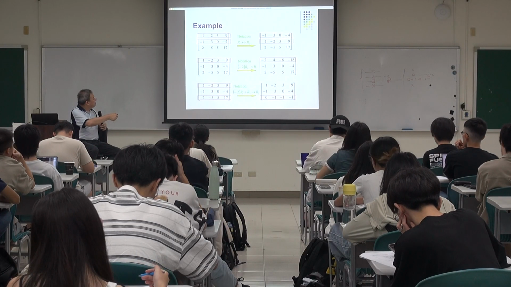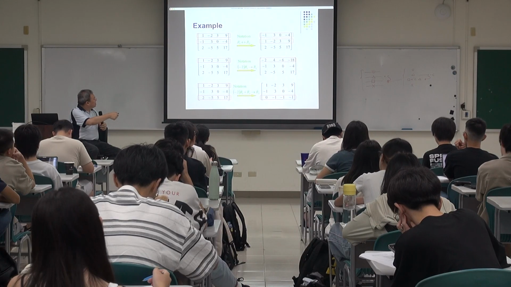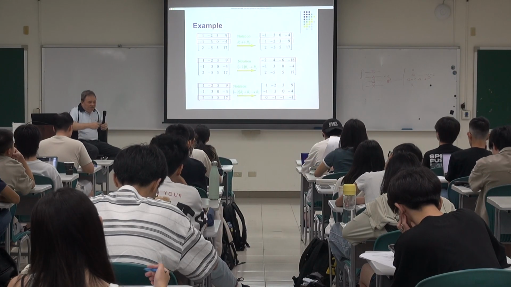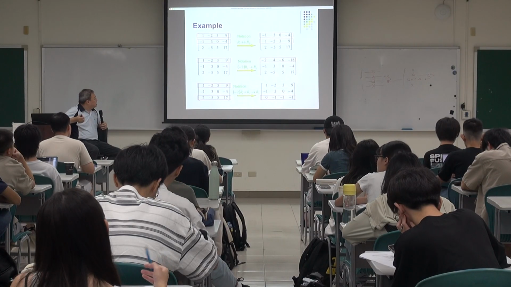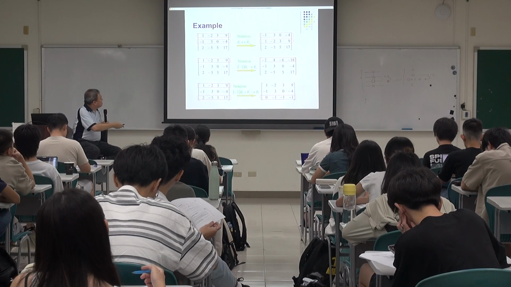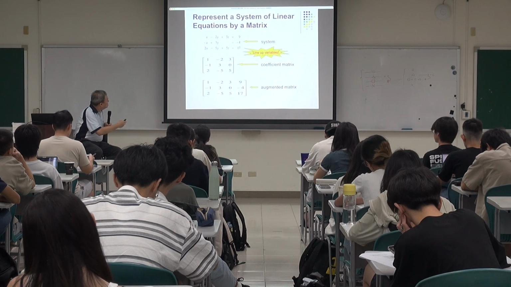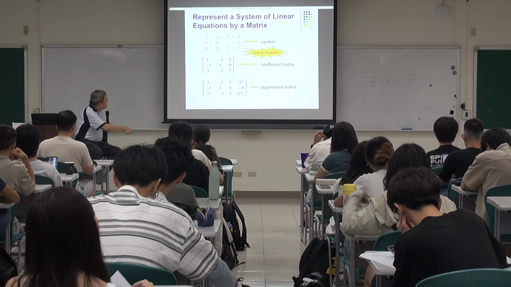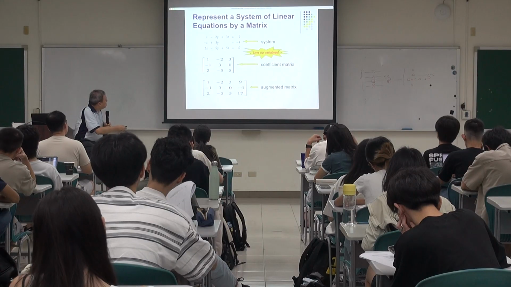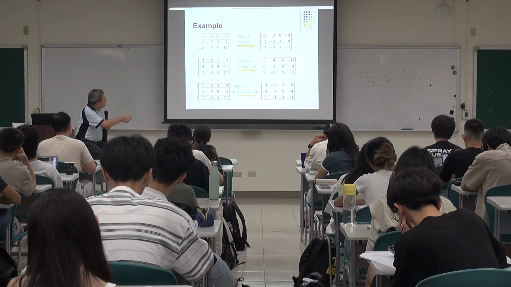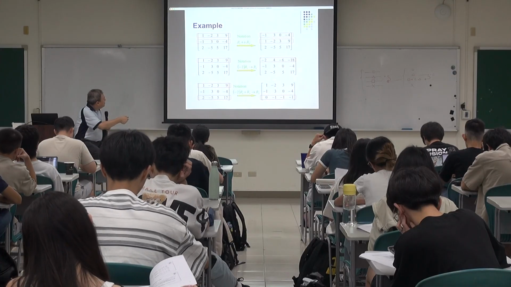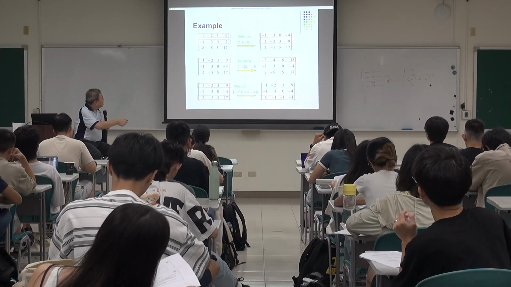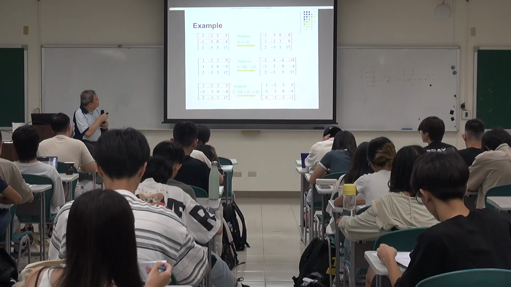So here is an example. This one obviously represents an augmented matrix, right? This one is exactly this one. And then we just use elementary row operations.